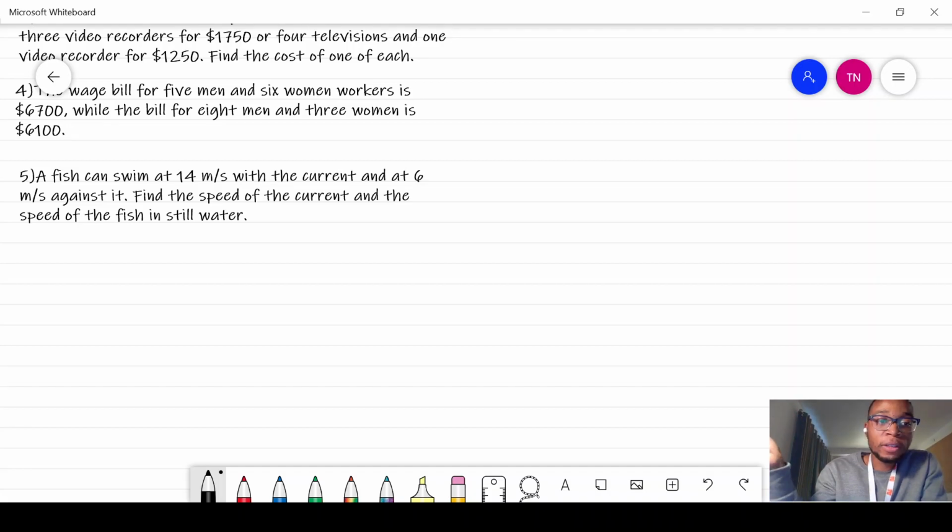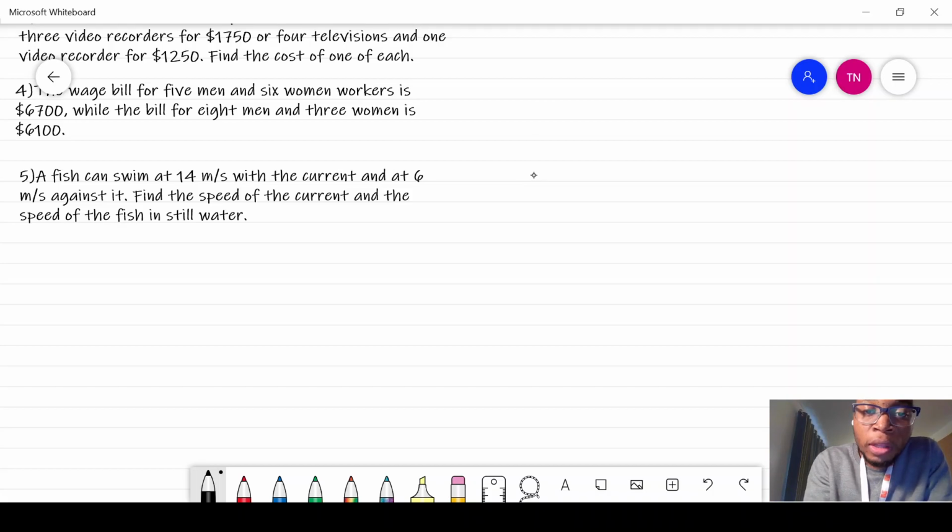So we are told that a fish can swim at 14 meters per second with the current, and 6 meters per second against the current. Now what we are going to do is draw a diagram that is going to help us.